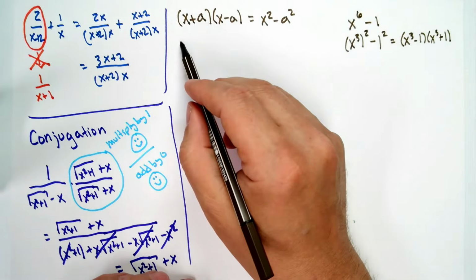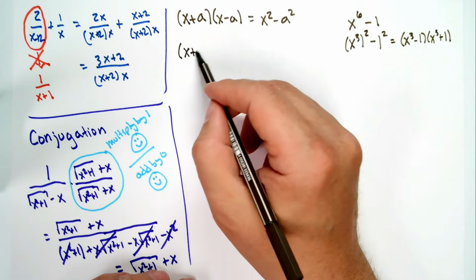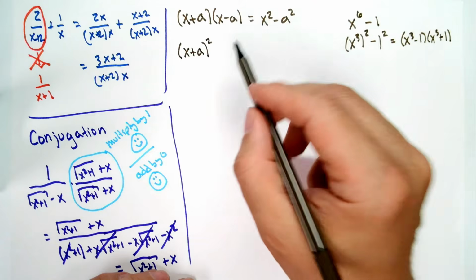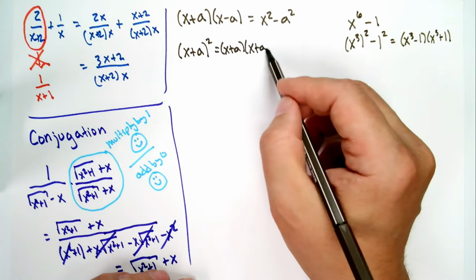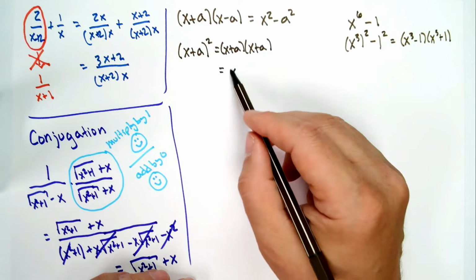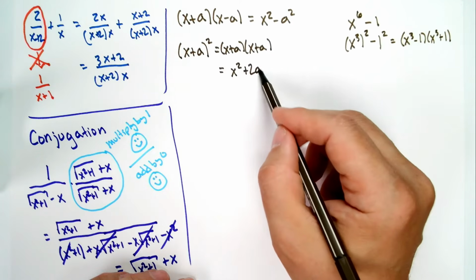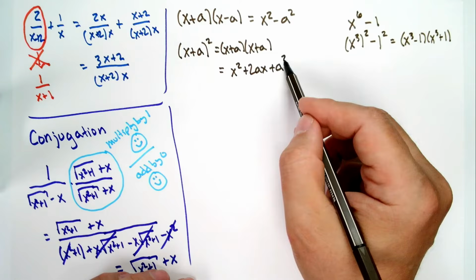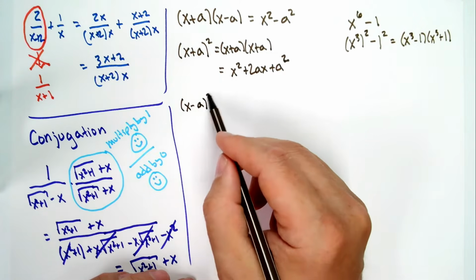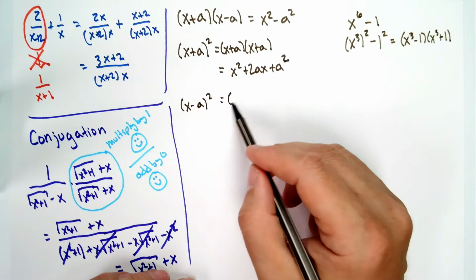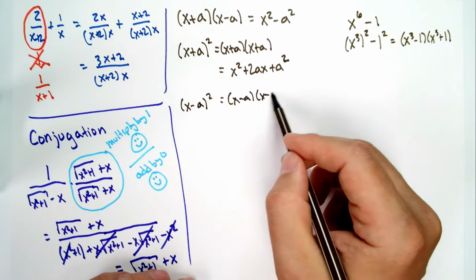Some other expressions are actually squares. x plus a squared, by which we mean x plus a times x plus a, is x squared plus 2ax plus a squared. Or we can take x minus a squared, which is x minus a times x minus a.